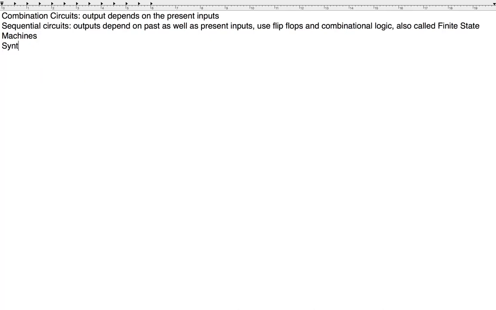For the synthesis of a finite state machine, you're going to start with the description, then go to the algorithm, then the state diagram, then the state table, and finally to the circuit.